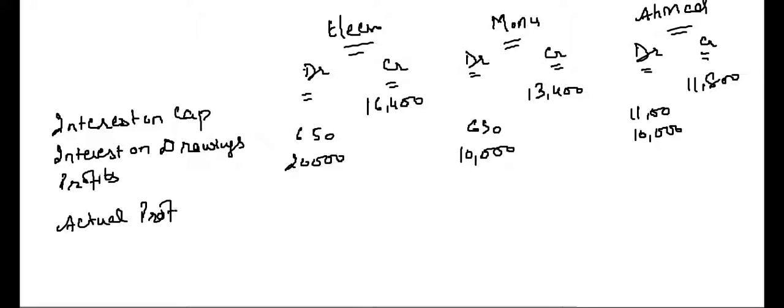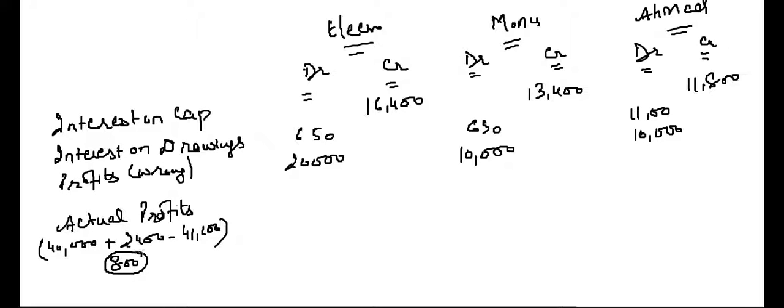These were wrong profits. Actual profits are 40,000 plus total interest on drawings, 2400, minus total interest on capital, which comes to 41,600. So what we are left with is 800 profits to be distributed.